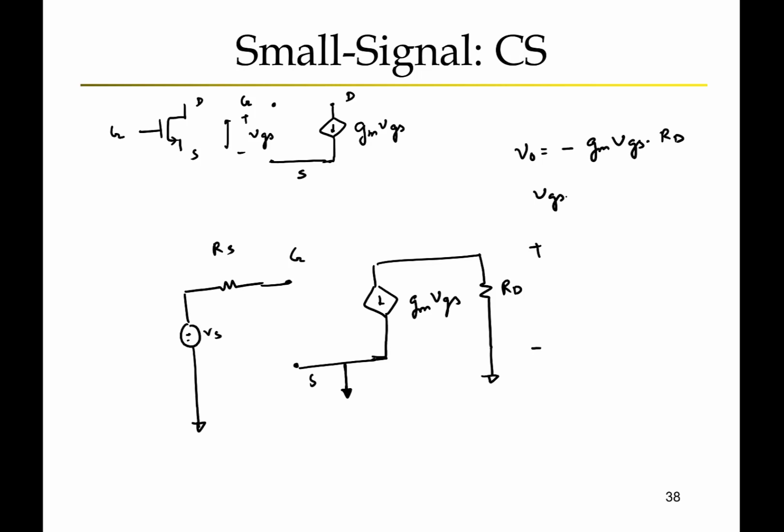VGS is basically equal to Vs because Rin is infinity, so there is no voltage division at the input, unlike the BJT.